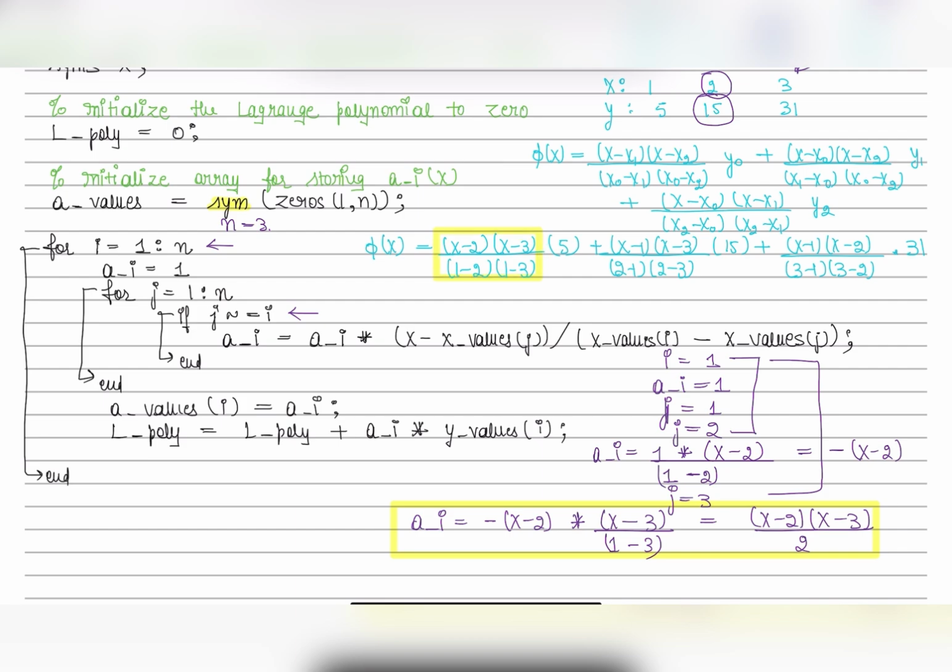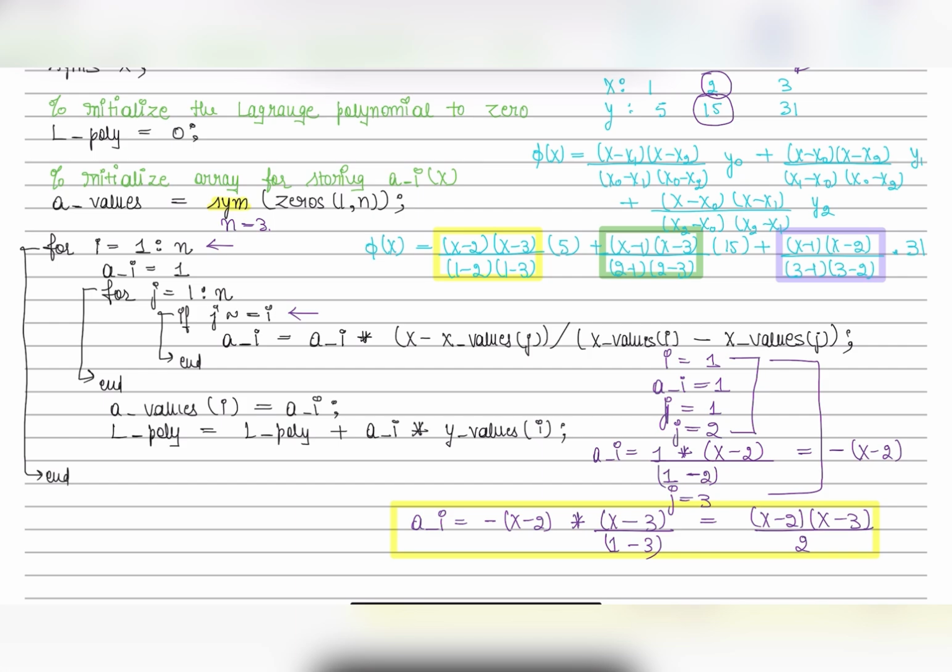So when the value of i is 1, we have calculated the value of a0, and when the value of i will be updated as 2, we will be calculating this value, which will be corresponding to a1, and when the value of i will be updated as 3, we will be calculating this value, which is the value of a2.